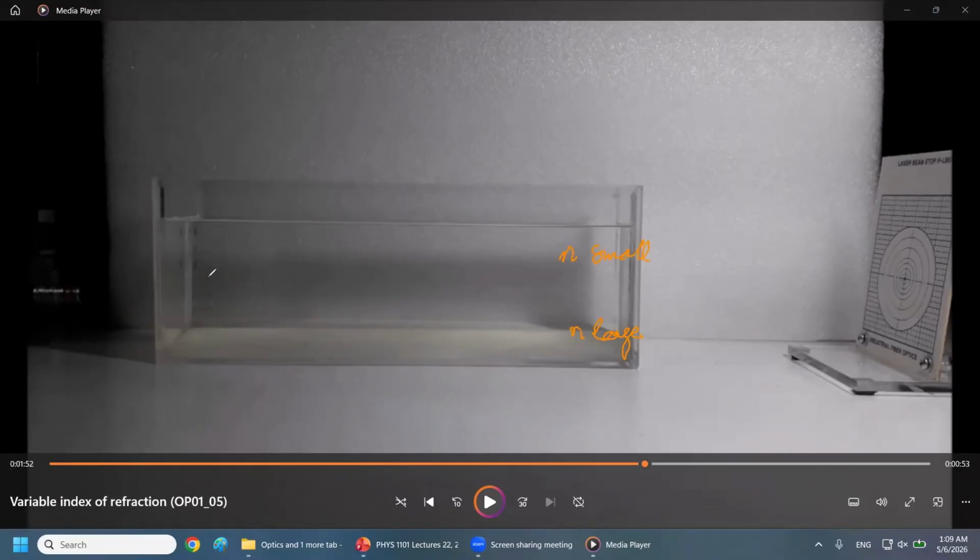Now if we have a light ray that goes this way, we know that the light ray will bend towards the normal if n gets larger. So it will keep bending towards the normal. So the light ray should go something like that. And does it actually go like that?